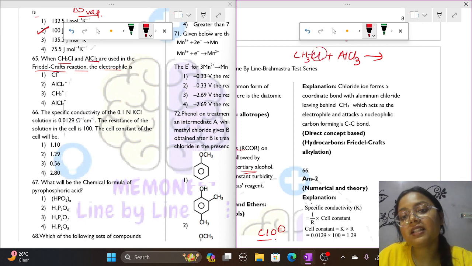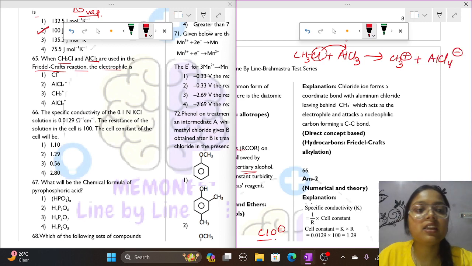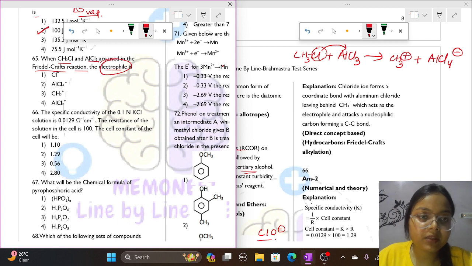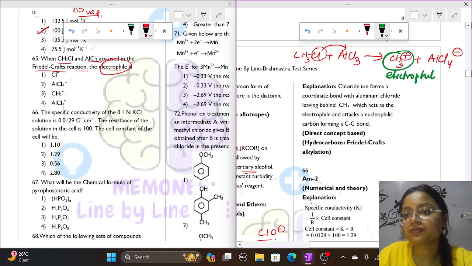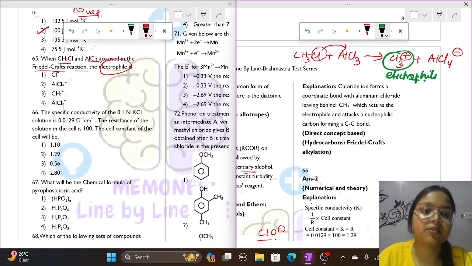The Cl is transferred to AlCl3, and we get CH3 plus and AlCl4 minus. It is asking what will be the electrophile. Electrophiles are positive species, right? So CH3 plus is an electrophile. Option number 3 is the correct option.